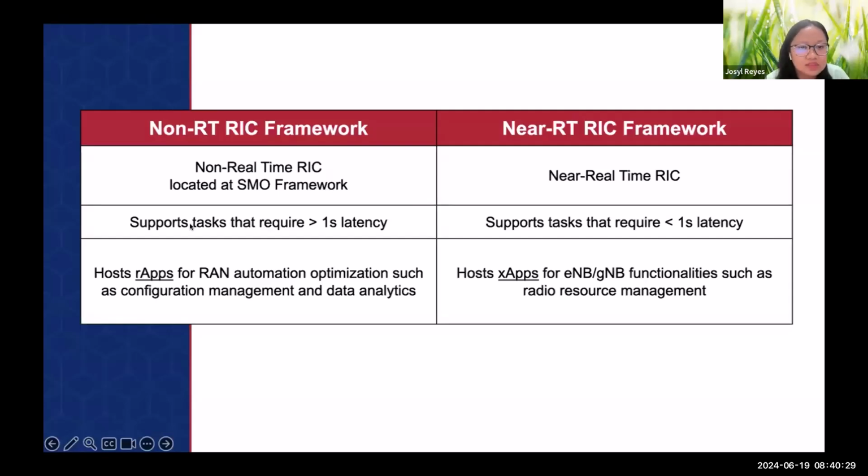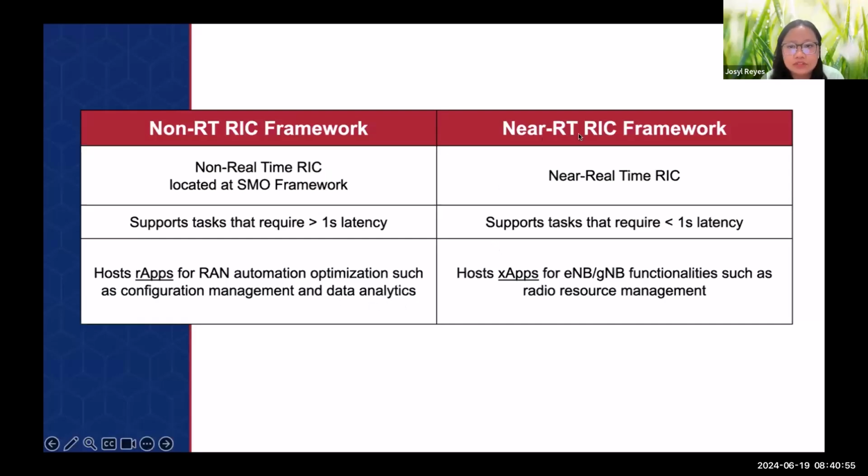It supports tasks that require greater than 1 second latency. Usually, it also hosts what we call the rApps. The rApps are just applications, which may be third-party applications that provide additional services for RAN optimization, for example, for configuration management and data analytics.